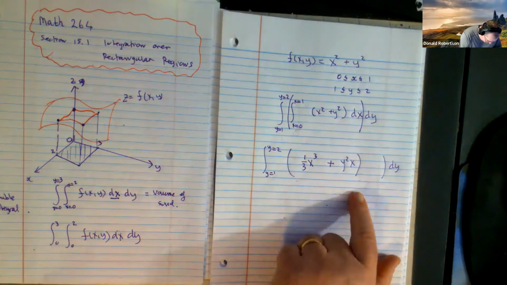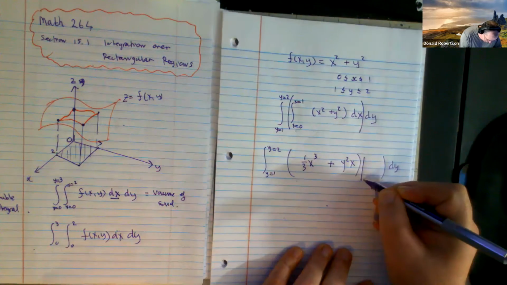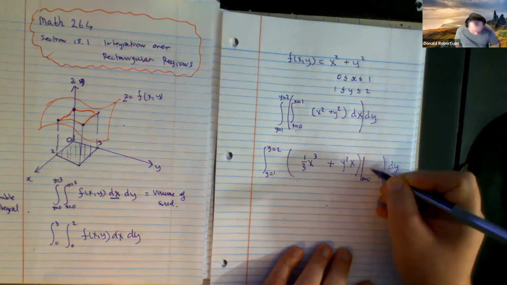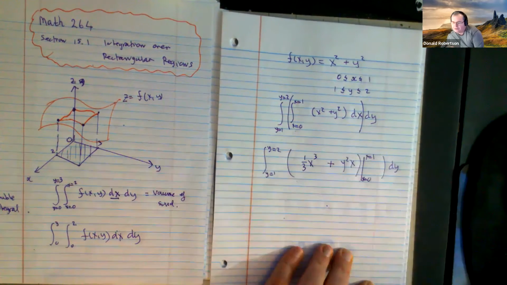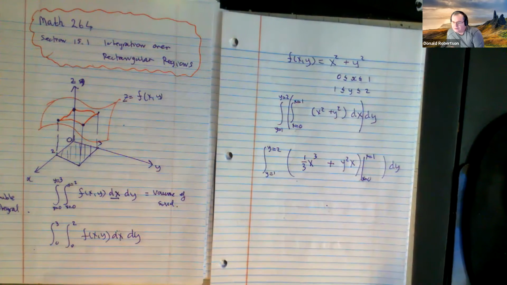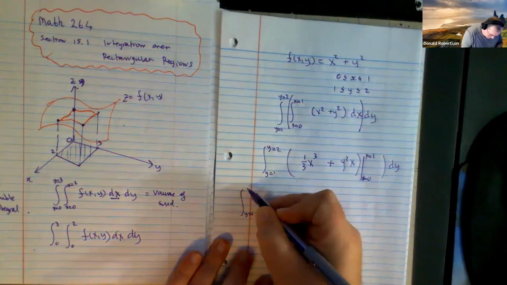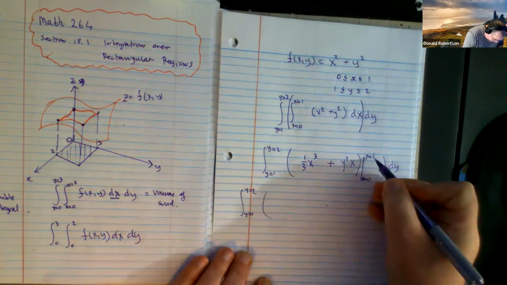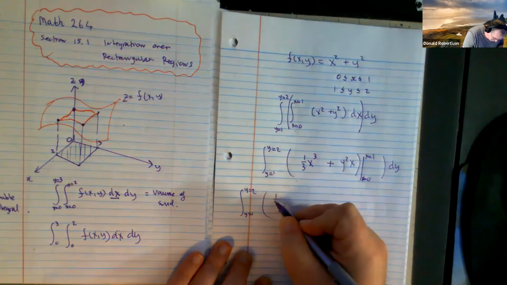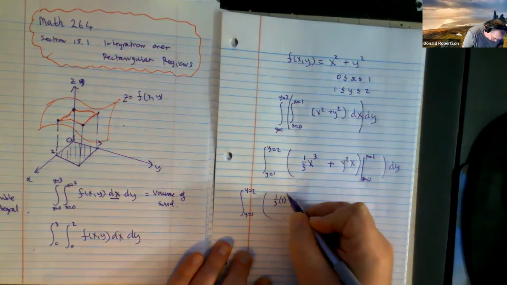So you just say that. And then you stick in your vertical x equals 0 to x equals 1. You're all happy about that from Calc 2. Right. Now let's see where this thing goes now. It goes from y equals 1 to y equals 2. If you plug in 1, you get 1/3 1 cubed plus y squared times 1.